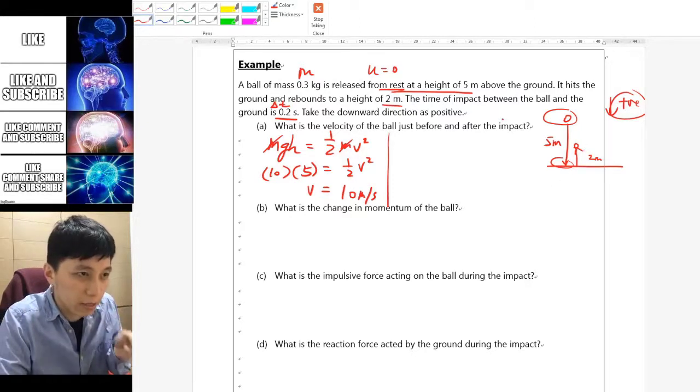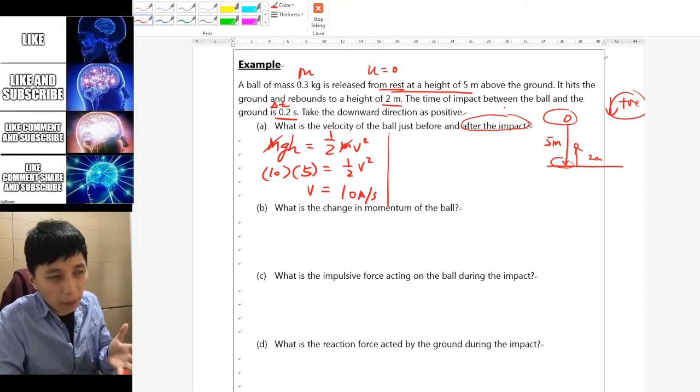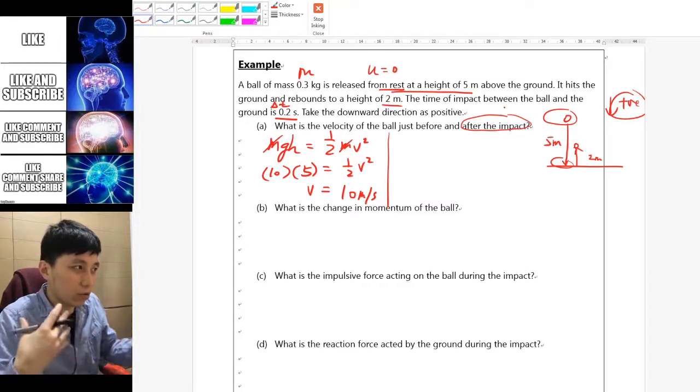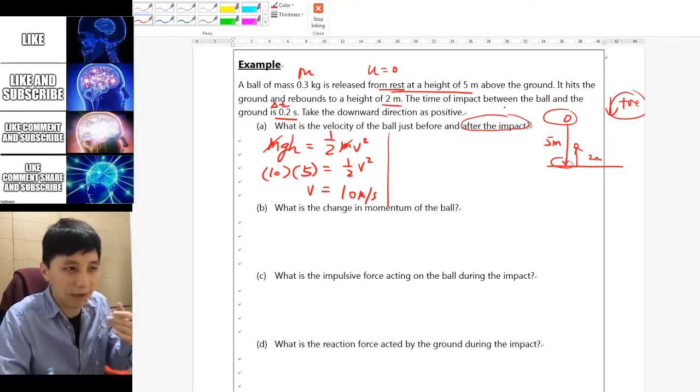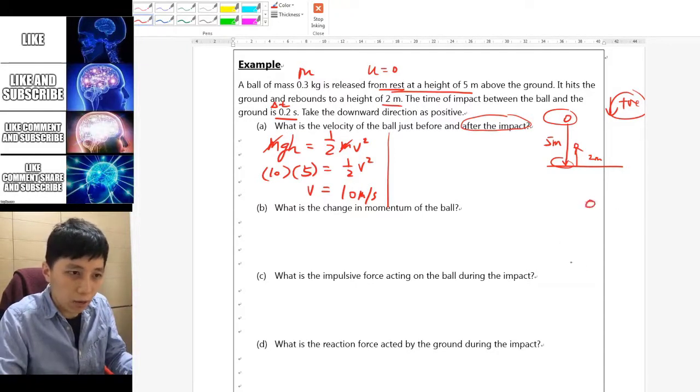And then for the speed or the velocity after the impact, we cannot use conservation of momentum unless for some reason you can get to know how this ball is affecting the earth. Because if you try to think about it, I try to draw in scale, but it's impossible.